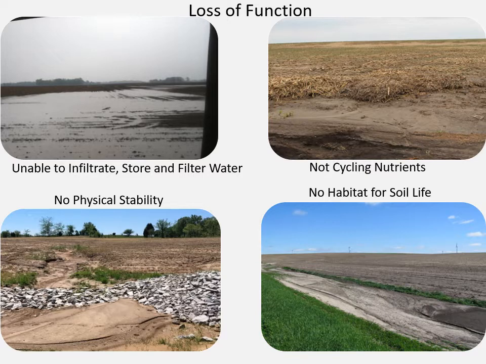When our residues no longer are the resource of nutrients in our cropping systems, when we see them building up and not breaking down or washing away when those fields are flooding, that's an example of a loss of function.